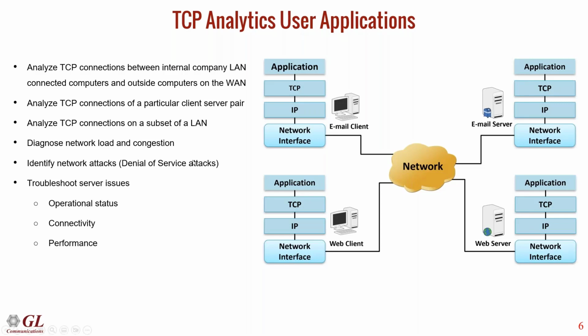So you can identify denial of service attacks in real time and be able to act quickly when they're happening. You can also just troubleshoot server issues. Is your server operational? What is the connectivity, and what is its performance? So all of that is possible with the TCP Analytics application.